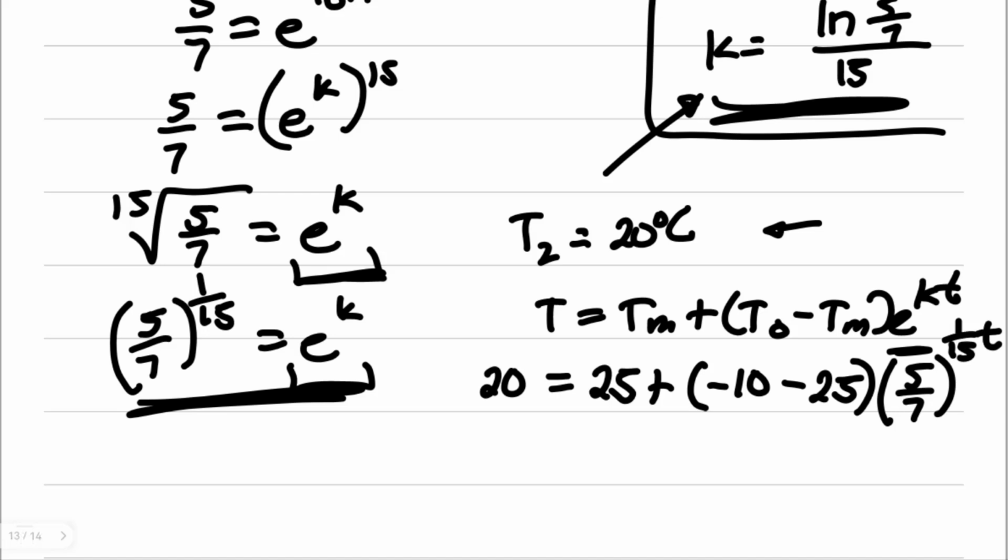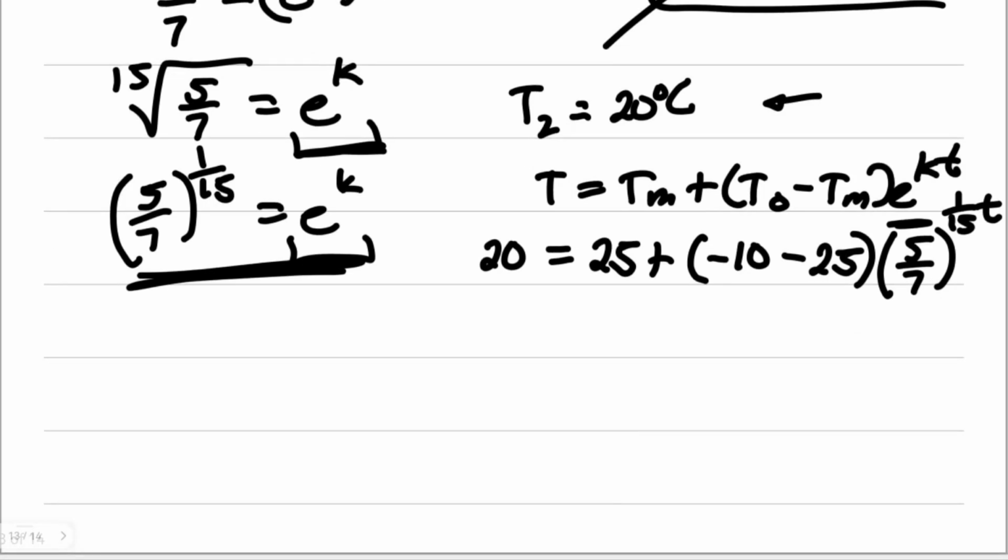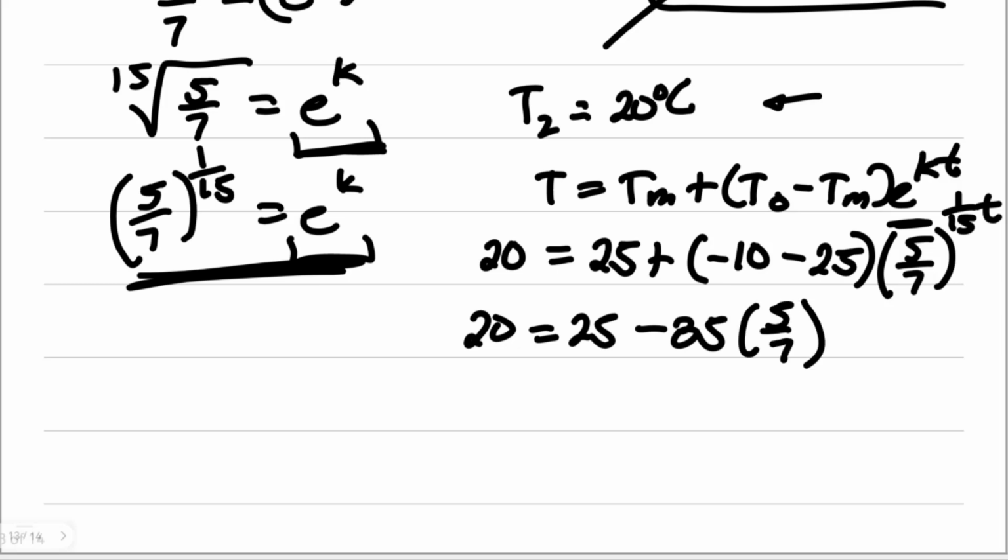So this is actually equivalent to 20 is equal to 25 minus 35 times (5/7) to the power of t over 15.